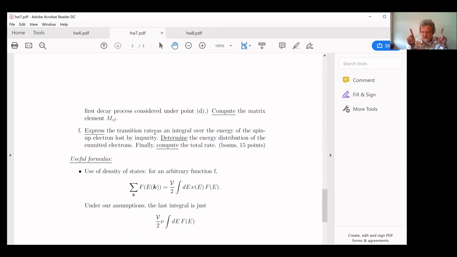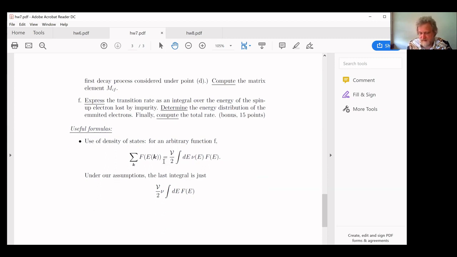So there will be two electrons emitted above the Fermi energy, right? And the sum of the two must be the energy of this doubly occupied state with respect to the Fermi level. But the energies can be very different. Only the sum is fixed. So it gives some energy distribution, and that is to be determined in this bonus point.